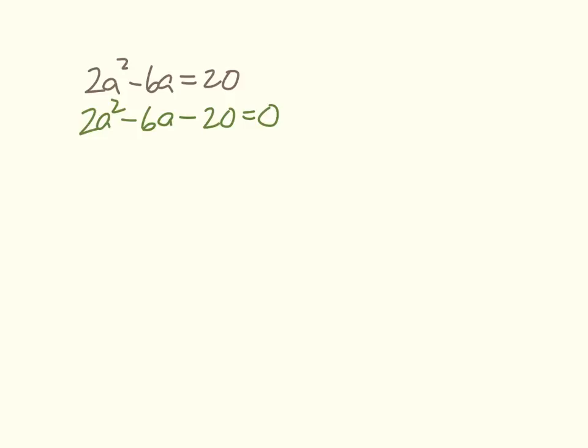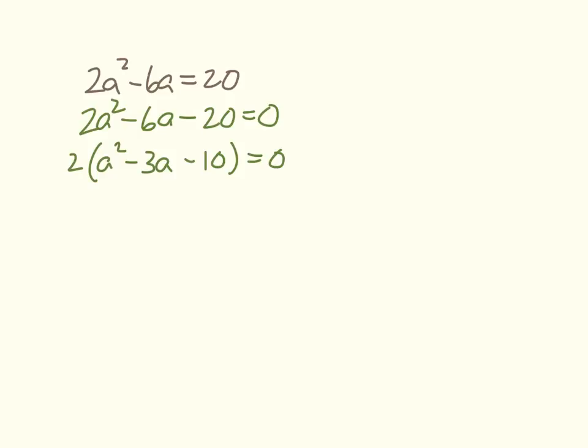But I have a little bit of a shortcut I can use here, or a method that'll help me, and that is if I recognize that each of these terms is divisible by 2. And so it factors to be 2 times, in parentheses, a squared minus 3a minus 10.